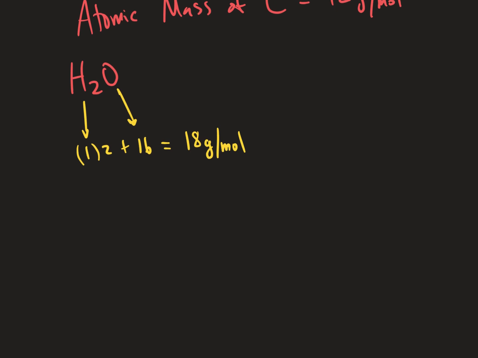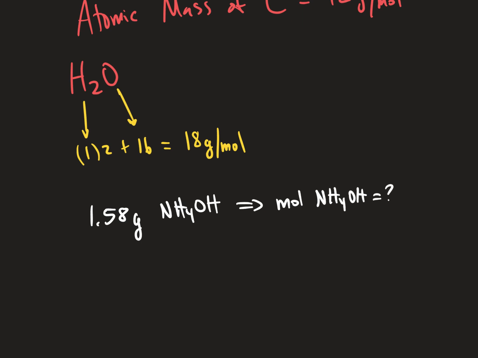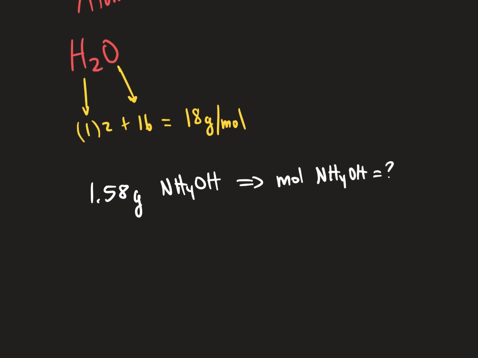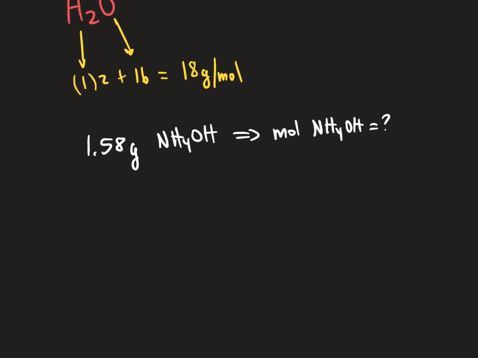Okay, let's say we have 1.58 grams of ammonium hydroxide, and we want to find out how many moles of ammonium hydroxide we have. So it's just a conversion problem.